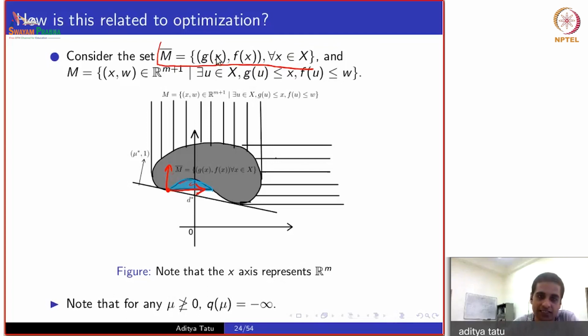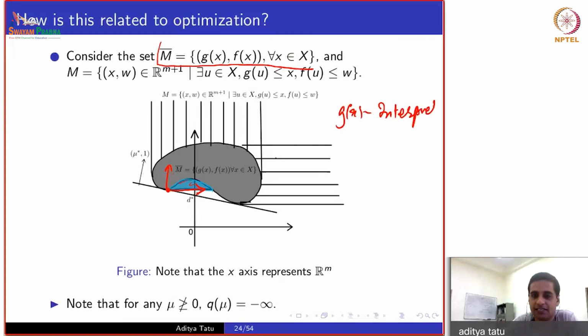The inequality constraint value will give you the x coordinate and the objective function value will give you the y coordinate. Make sense? Okay, sir.